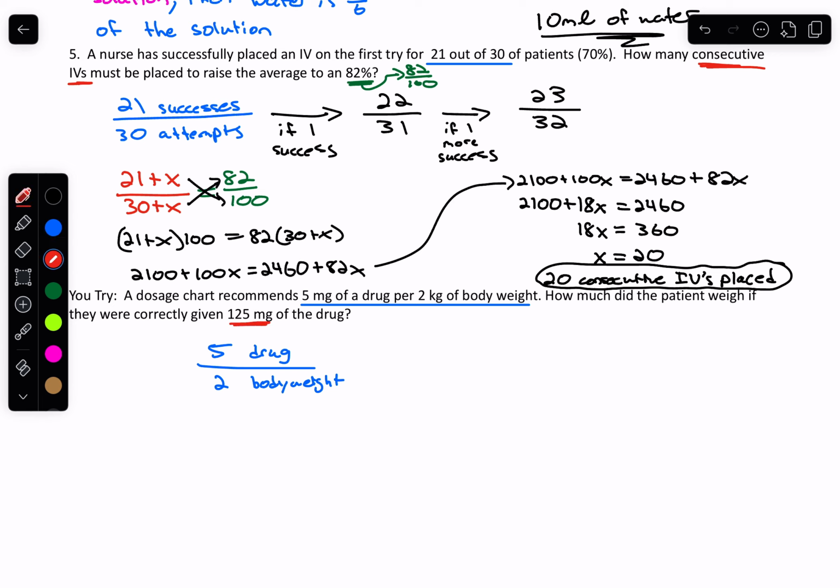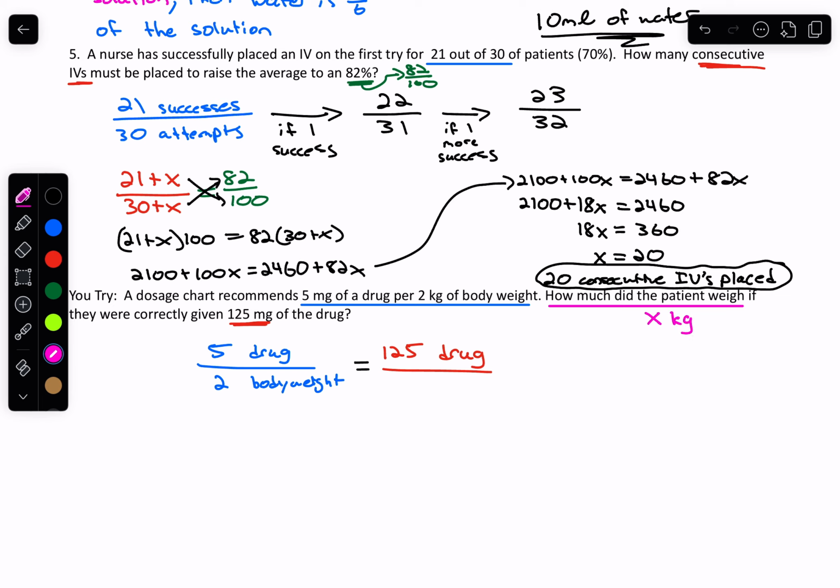And we want to find out how much the patient needed to weigh if they were correctly given 125 milligrams of the drug. So I can set up an equivalent fraction on the other side where I know how much of the drug I was given, 125 milligrams. So 125 drug over, and we're trying to find out how much the patient weighed. So this is our x variable.